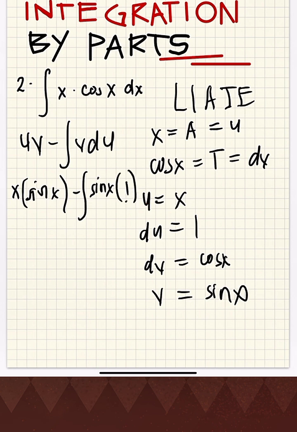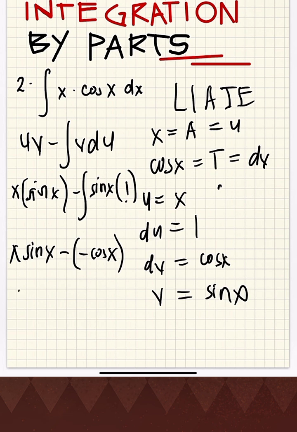So x sine x minus the integral of sine x is cos x, right? Negative cos x. So this will become cos x times 1, so it will be cos x.